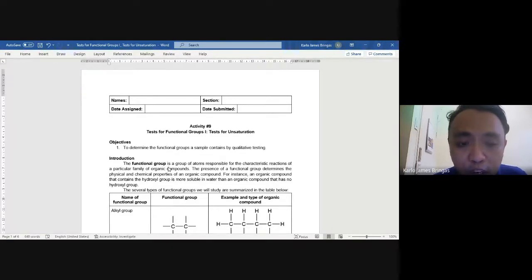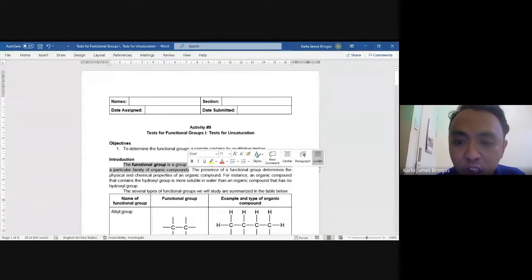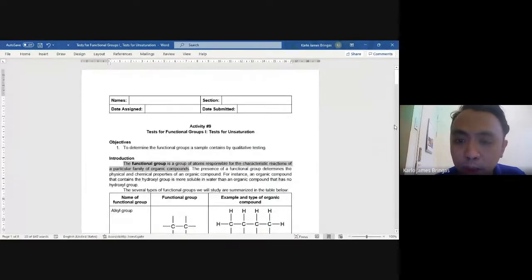The definition of the functional group is here in the worksheet. The functional group is a group of atoms responsible for the characteristic reactions of a particular family of organic compounds. The presence of a functional group determines the physical and chemical properties of an organic compound.